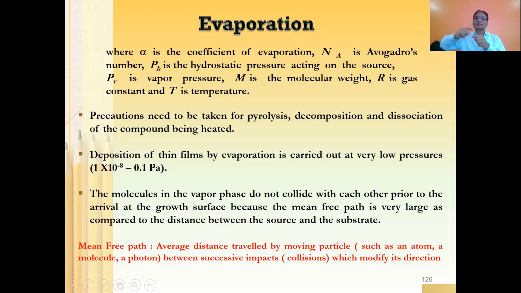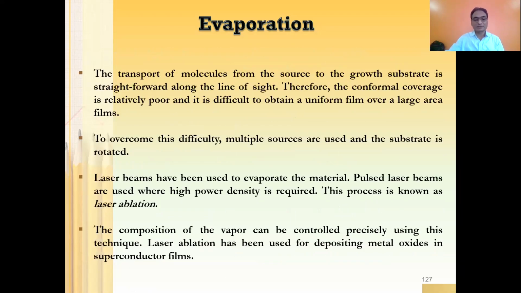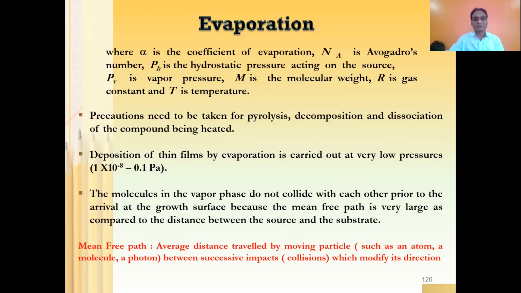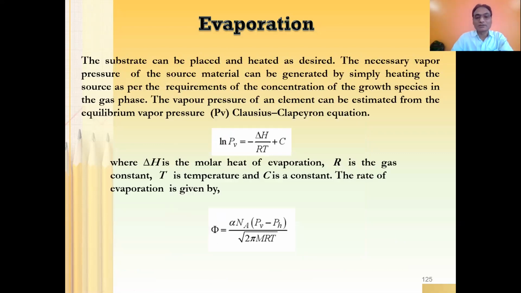It means that whatever distance you have, this distance we are talking about, is going to be less than the mean free path, which is going to be more than this distance. Therefore, there won't be any collision, because if collision happens, then again there will be deviation in the path, and as a result, it will be difficult to achieve the desired deposition on the substrate.